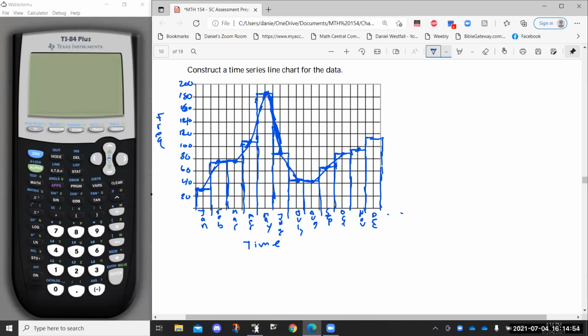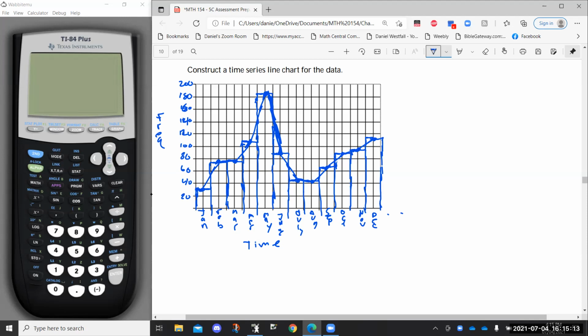So I know I didn't do every problem on this one because it would have taken so long. Still trying to keep it to about an hour long here, but I got through every type of problem for this, doing it by hand, trying to use the calculator as much as I can because that's what you're going to have.